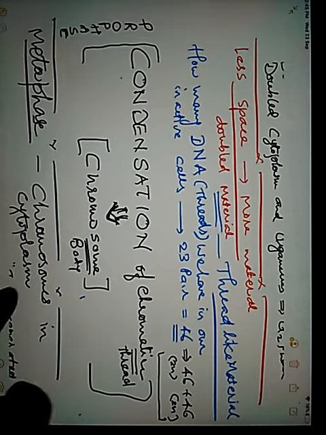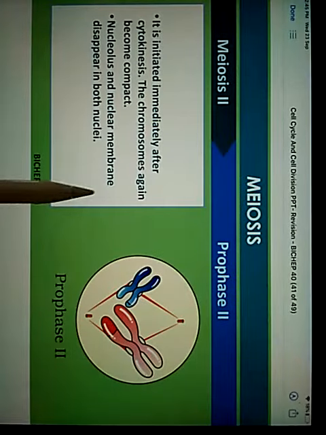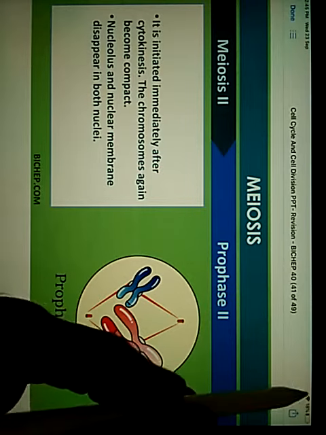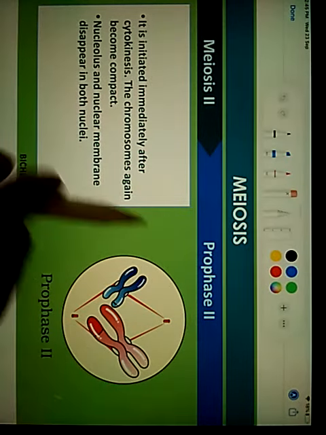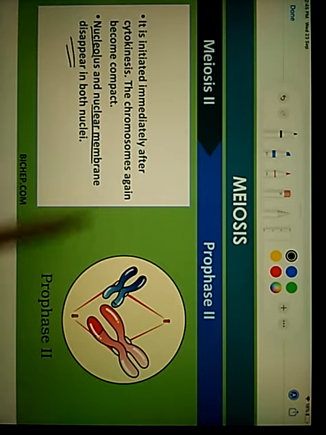Now in meiosis II, two things are happening. The nucleolus and nuclear membrane disappear, but the chromosome condensation is already there, so there is no condensation of chromosomes.